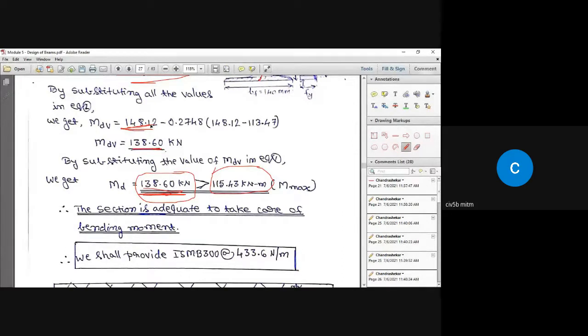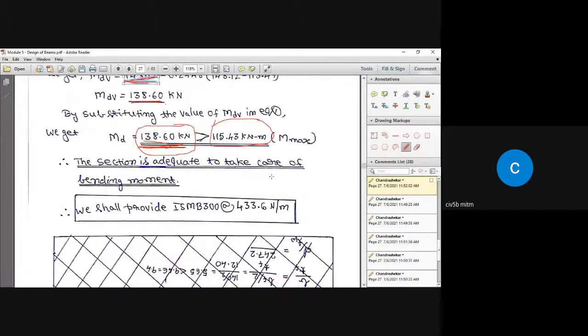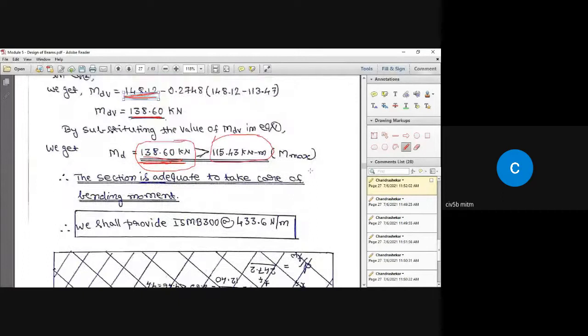That means the moment capacity of this section has reduced from 148.12 to 138.60 kilonewton meter. Okay, guys, so this should be kilonewton meter. Please change the unit. Hence, the section is safe.